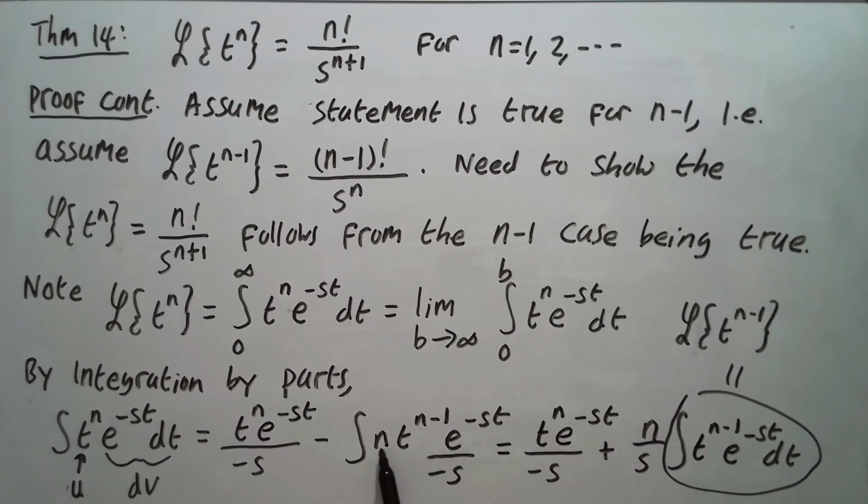And I can pull the n and the minus s out. That'd be plus then n over s integral of t to the n minus 1 e to the minus st. And when I put the limits on this guy, it will end up being the Laplace transform of t to the n minus 1. You can check that against the definition of the Laplace transform of t to the n minus 1.